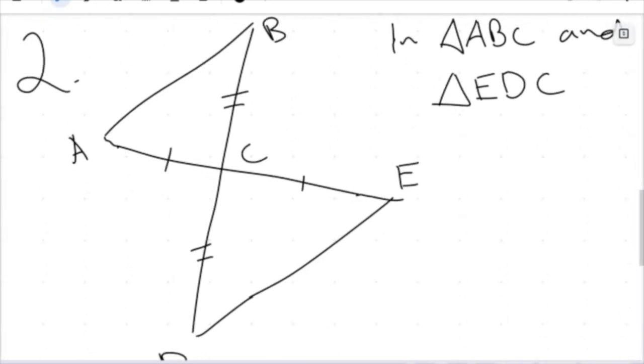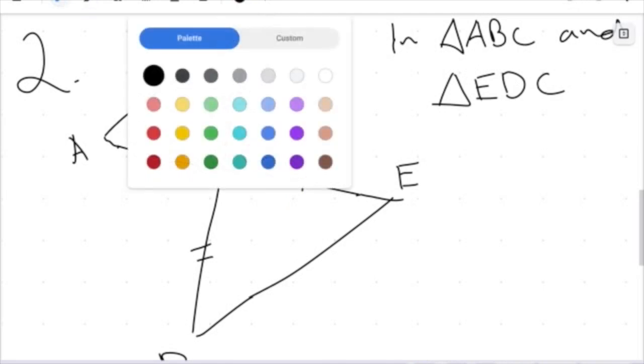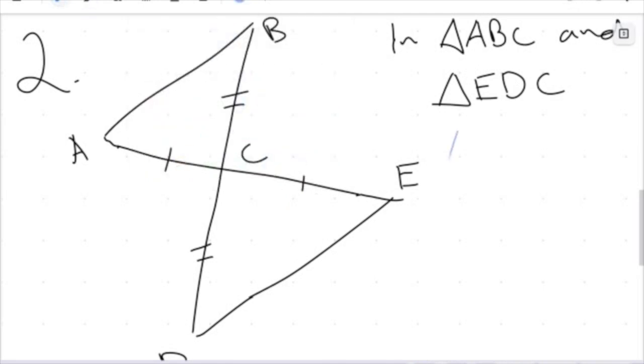And I want to now list all the things I can see. Well, two things here are given to me. And that is that AC is equal to EC, because these line markings tell us that in geometry. So I'm going to say that AC is equal to EC, and this is given, equal sides.